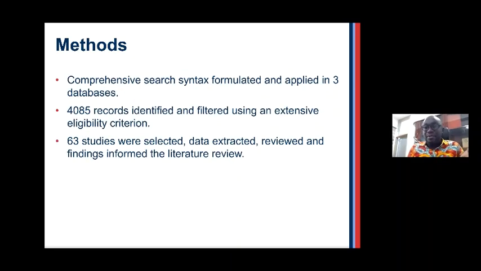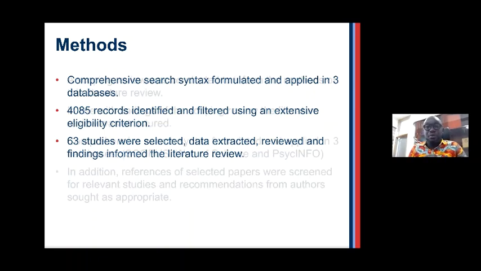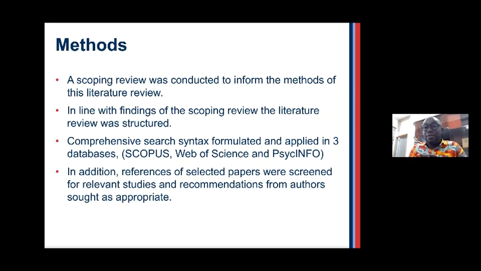We screened down and settled on 63 studies after looking at the data extraction, review, and findings that inform the literature. We conducted a scoping review, and three major databases were used: Scopus, Web of Science, and PsycInfo. In addition, we sought further information from stakeholders.